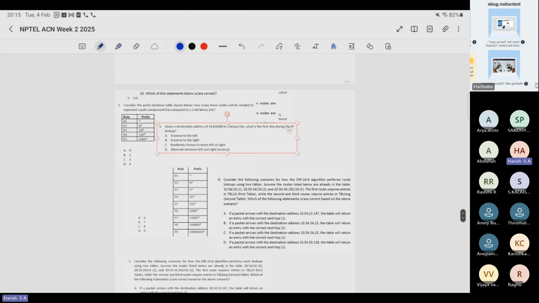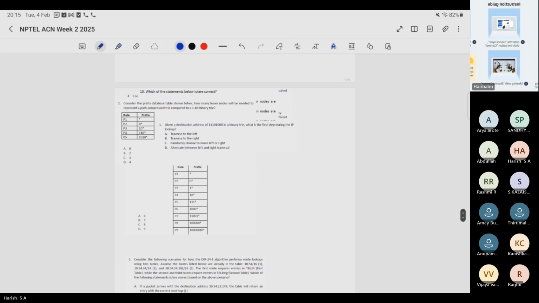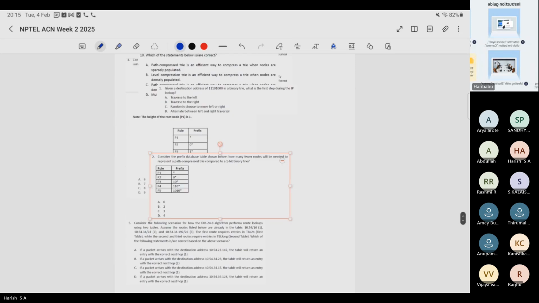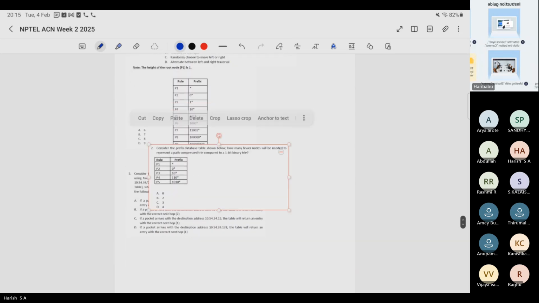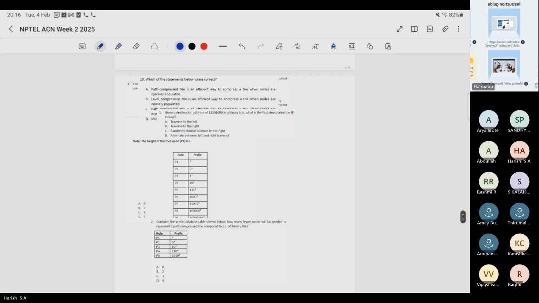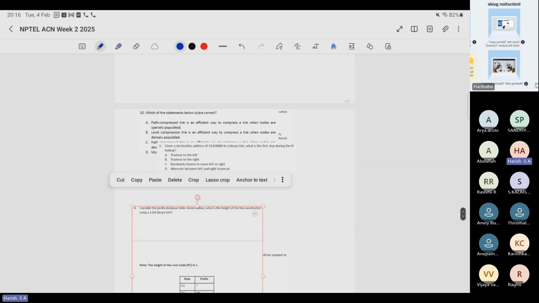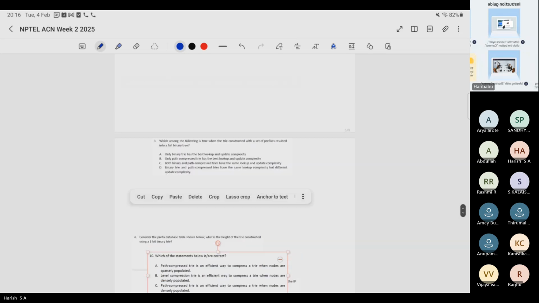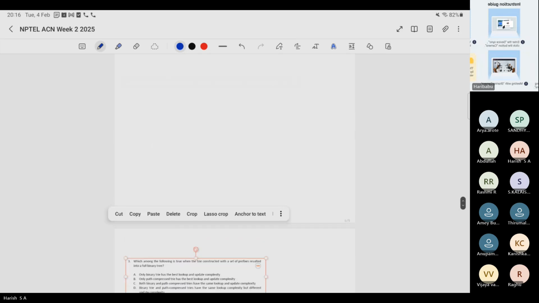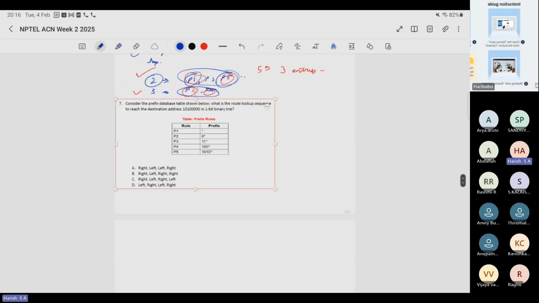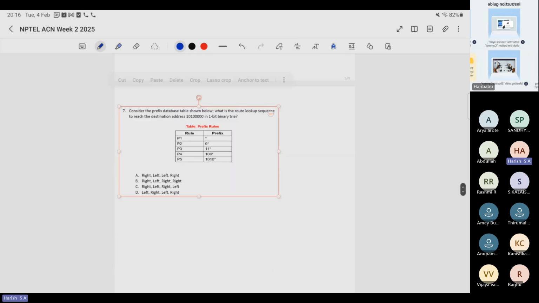Just a moment. Okay. There's enough space now.